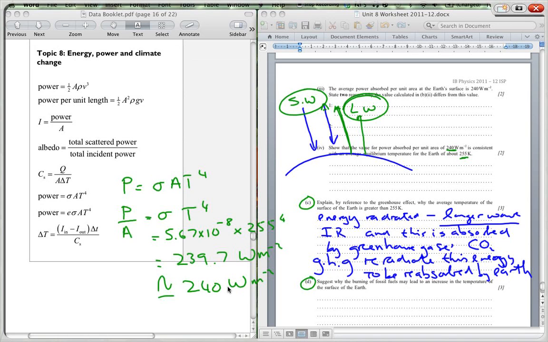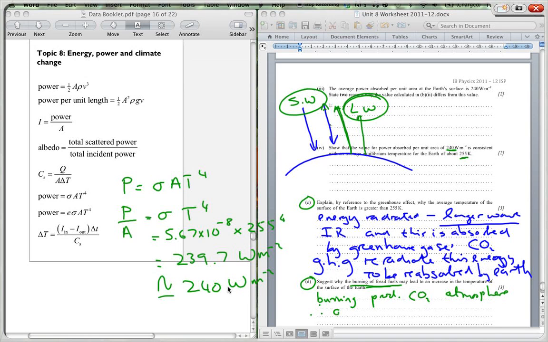And D suggests why the burning of fossil fuels may lead to an increase in the temperature of the surface of the Earth. Well, whenever you have burning of fossil fuels, you are always producing carbon dioxide. So the burning produces CO2 gas, and also some other gases, but mainly CO2 gas, and this goes into the atmosphere. So you have more CO2.